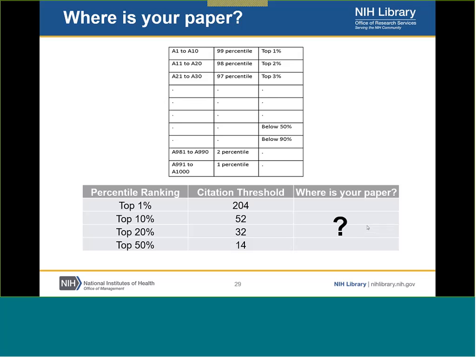And if your citations is only 51, which is only 1 citation lower than the threshold, I'm sorry, you won't be able to be ranked as the top 10%, maybe top 11 or 12, but not top 10%. All right, so this is how we do this kind of calculation.